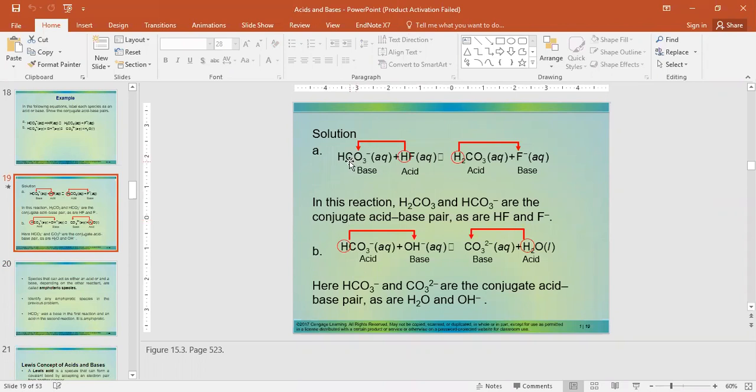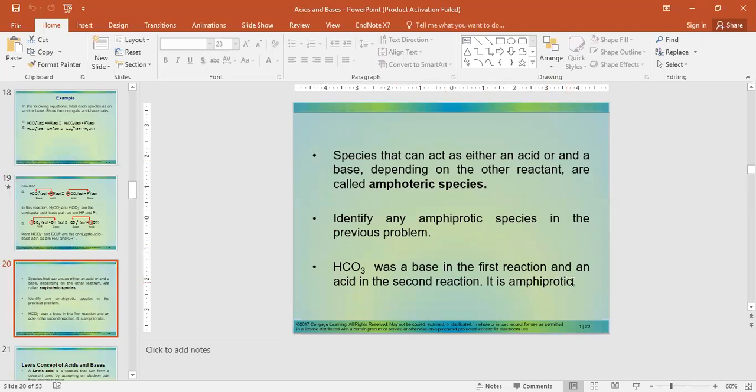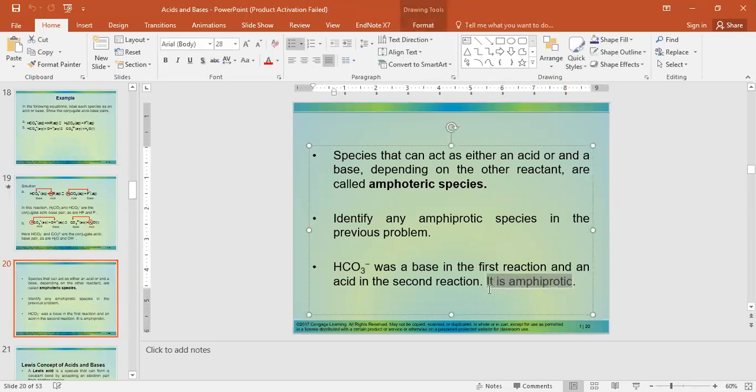In this particular case, it is accepting a proton from hydrofluoric acid. In this particular case, it is transferring a proton to the hydroxyl ion. So this one is actually an amphiprotic species. It is an amphiprotic species because its acid-base character involves the transfer of protons from one species to another.